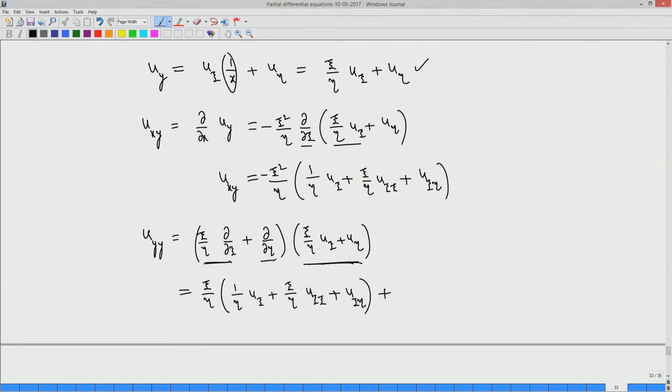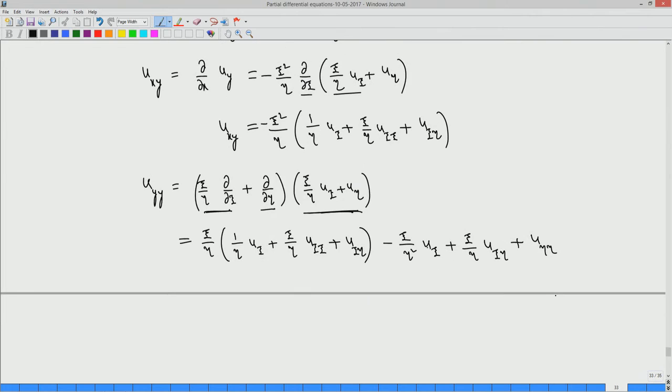Now, you operate dou eta onto this function. What you get is minus xi by eta square, because the derivative of xi by eta with respect to eta is minus xi by eta square, into u xi, plus xi by eta u xi eta plus u eta eta.